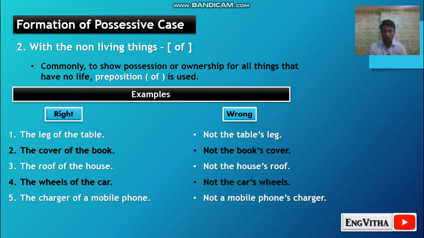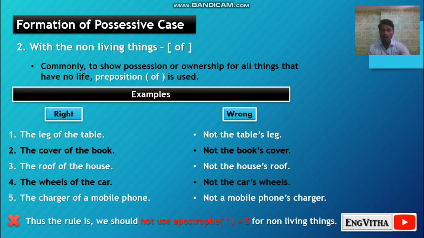So here the rule is we should not use apostrophe plus s for non-living things. Instead, we should use the preposition of to show possession for non-living things, as we mentioned in the right column.